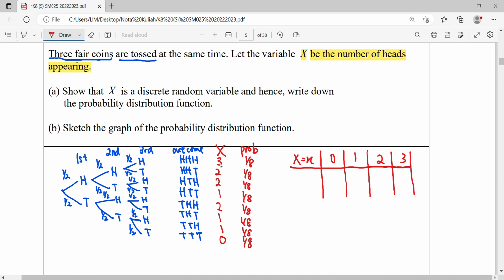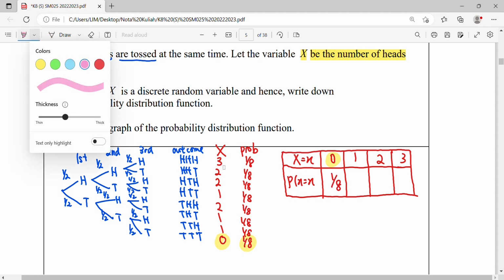So what's your probability? Probability to get 0 is the case on here only, 1/8.